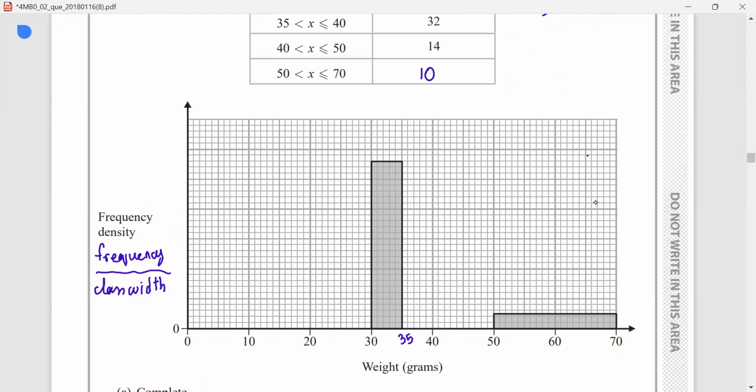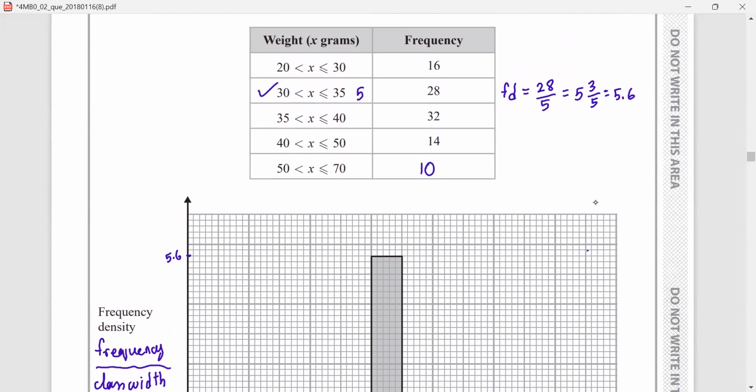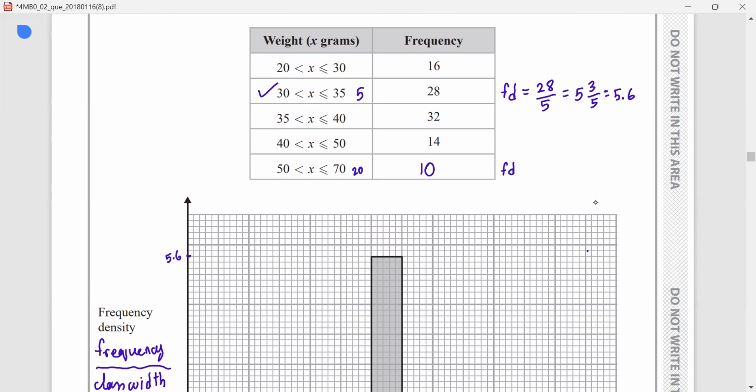We can label the vertical axis. This height is 5.6. Then the last row, 10 is the frequency and the class width is 20. So what will be the frequency density for this row?